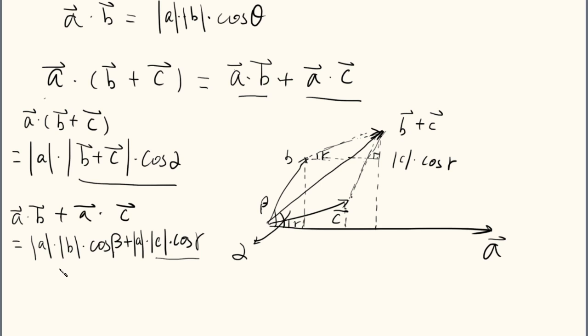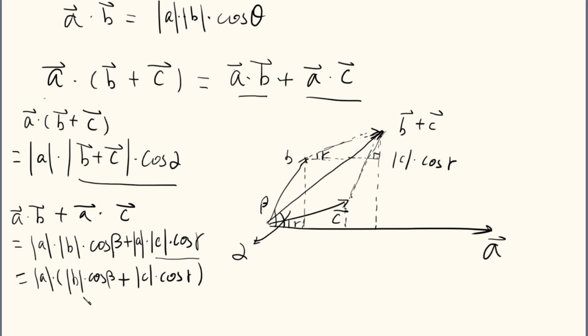So here, the absolute value of A times the absolute value of B times cosine beta plus cosine gamma.